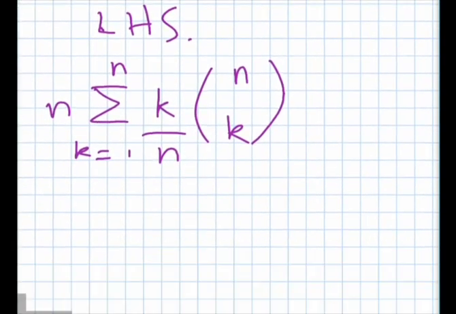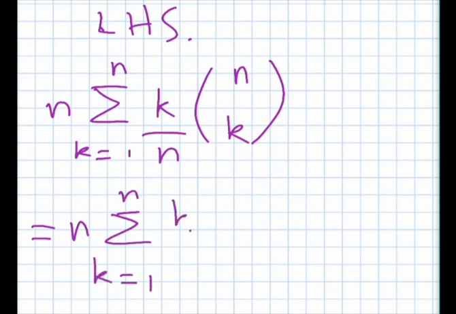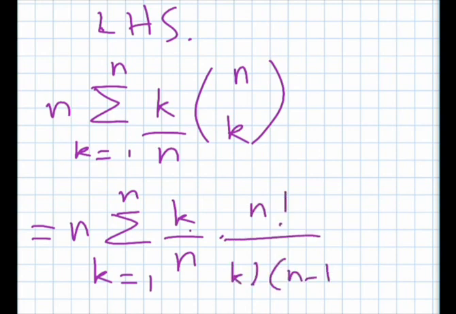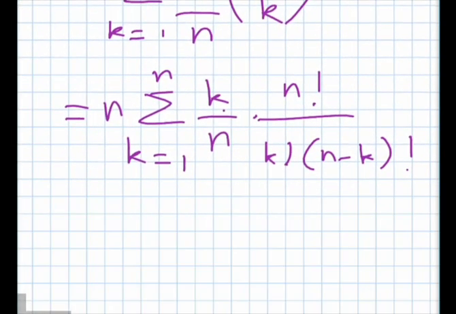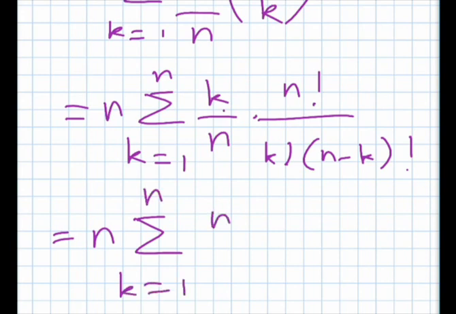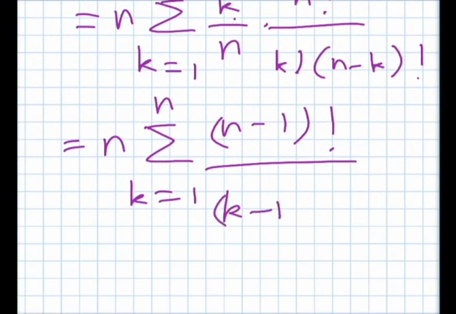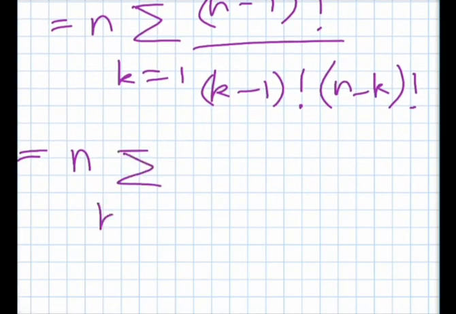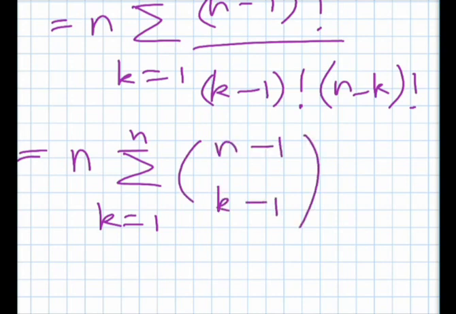So this is equal to n times the summation of k over n times n factorial over k factorial times n minus k factorial, which is equal to n times the summation from k equals 1 to n of n minus 1 factorial divided by k minus 1 factorial times n minus k factorial, which is equal to n times the summation from k equals 1 to n of n minus 1 choose k minus 1.